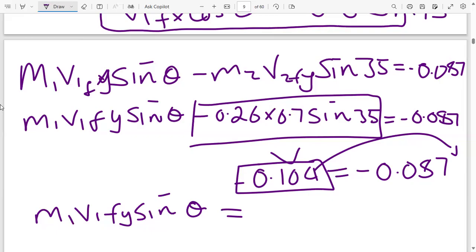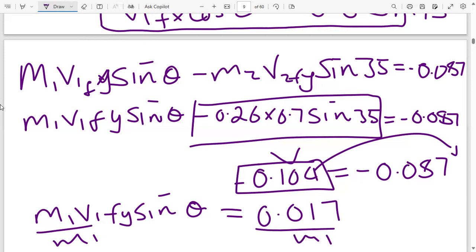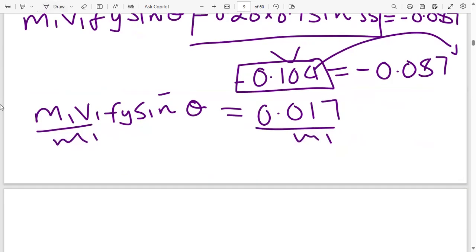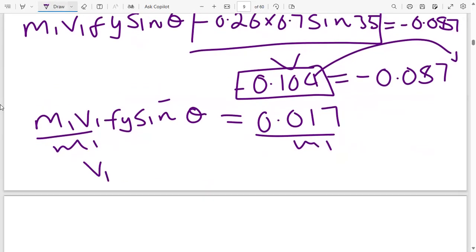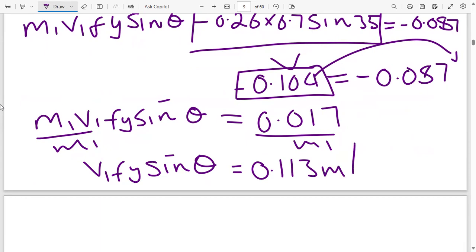I'm getting 0.017. I divide both sides by m1 as usual, and I'm getting v1 final in the y sine theta is equal to 0.113 meters per second.